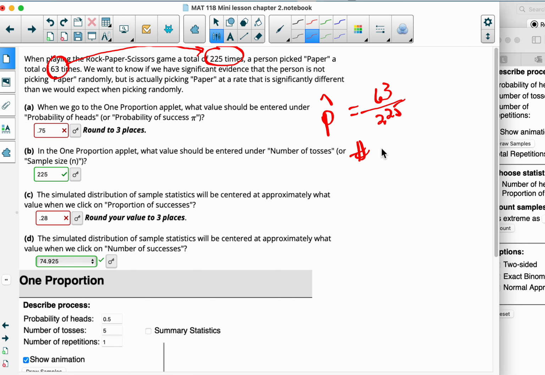So the number of successes equals 63 in our sample, and n equals 225. And we want to know if we have evidence that the person is in fact not picking paper randomly.